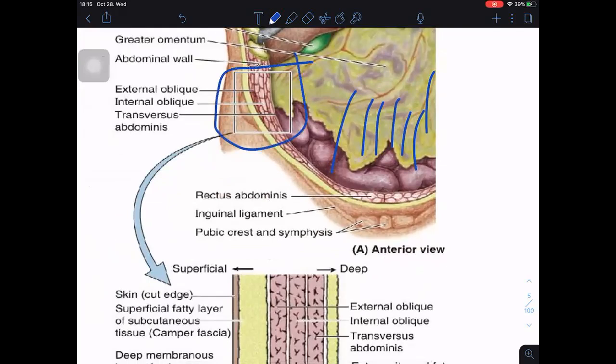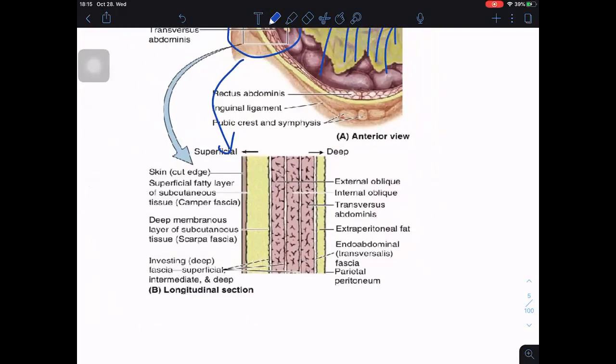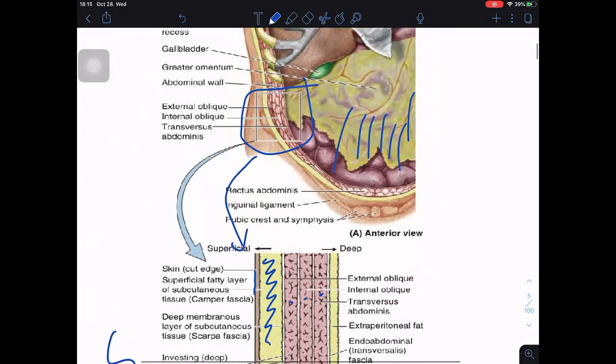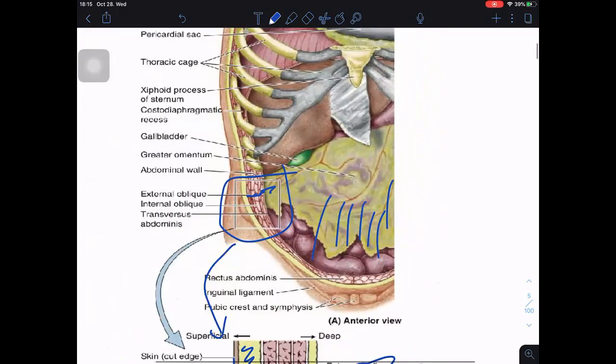All right, so let's see over here. You see this is square. We're gonna move it down and we are looking at the whole thing from superficial to deep. Okay, so here's the skin, then here's the fat, so basically the subcutaneous tissue, then those 3 layers of the muscles. You see, so we are going in this direction, until we get to the peritoneal cavity, where we have, let's say, the organs of the GI tract.